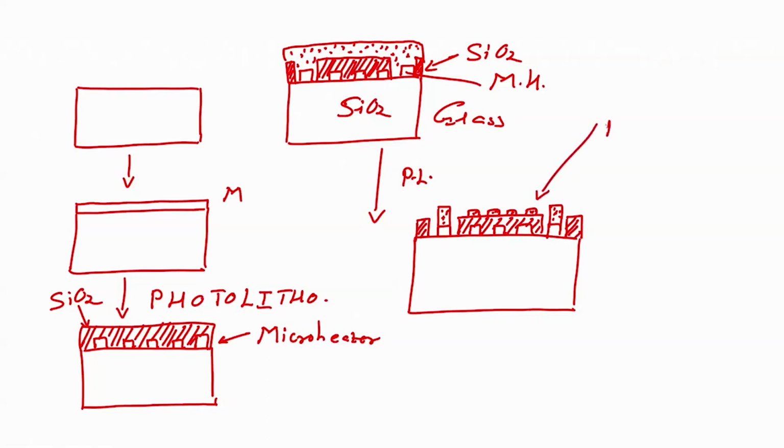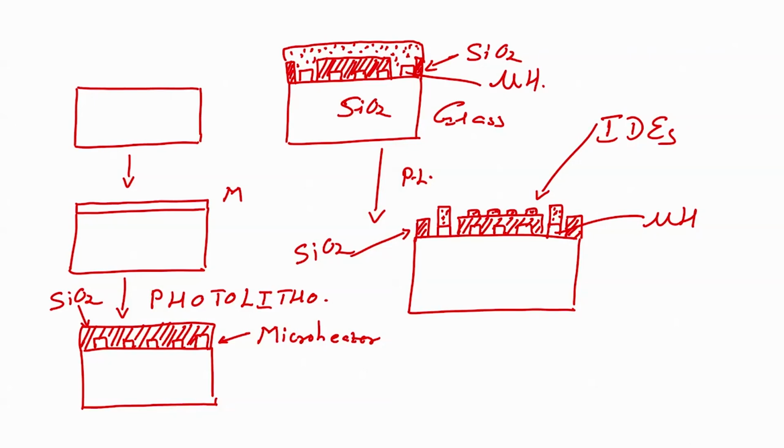So, what we have is interdigitated electrodes and a micro heater, right. I have written micro heater here as mh, let us use a micro heater like this, and we have silicon dioxide, correct. Now, what will we do?